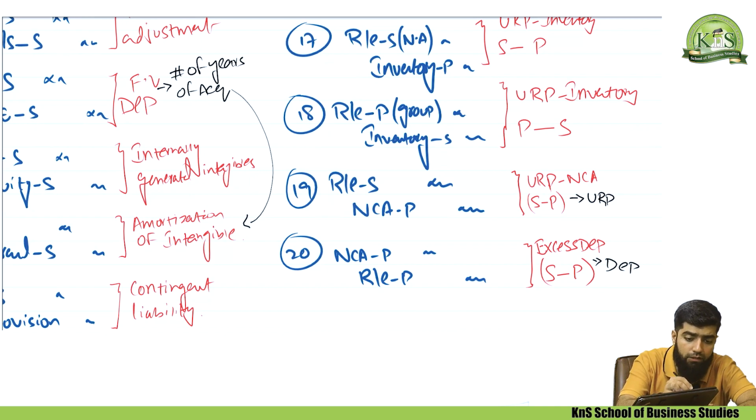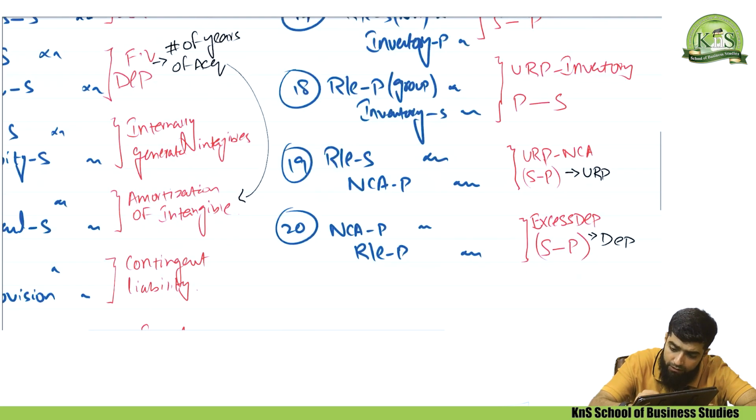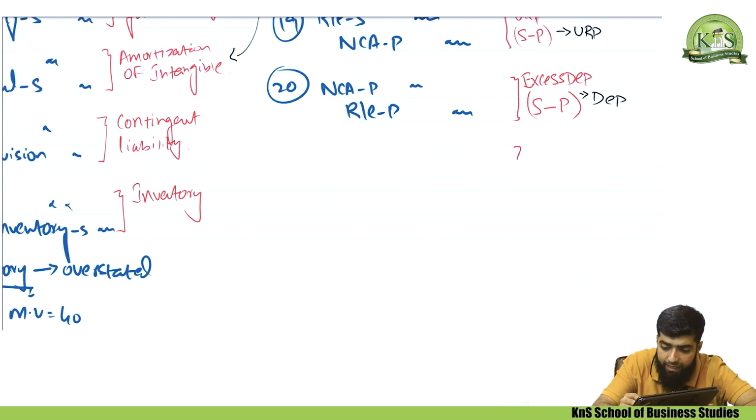Okay, now there could be an alternate. There could be a vice versa situation. What if the non-current asset is transferred by parent to subsidiary?